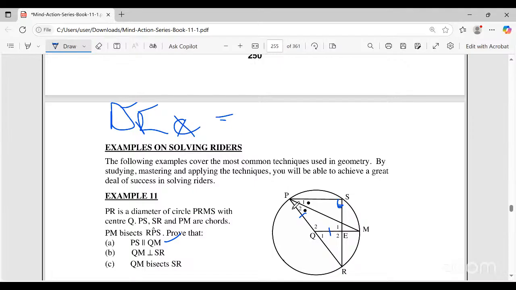QP, the line QP, why is it equal to QM? These ones. In this triangle, so these two are equal. I'm asking why is PQ equal to QM?